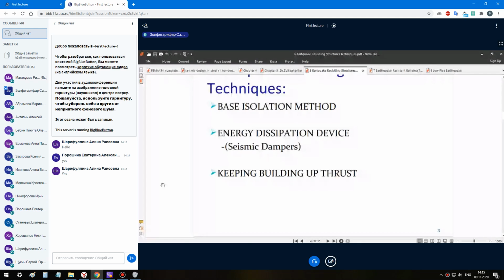We had three types of dampers: viscous dampers, friction dampers, and yielding dampers.